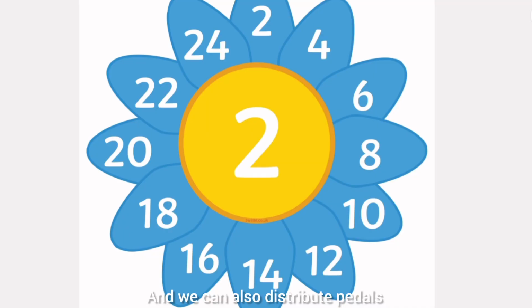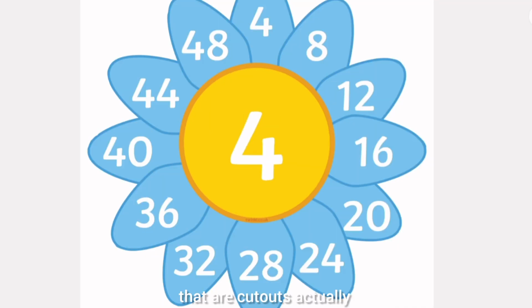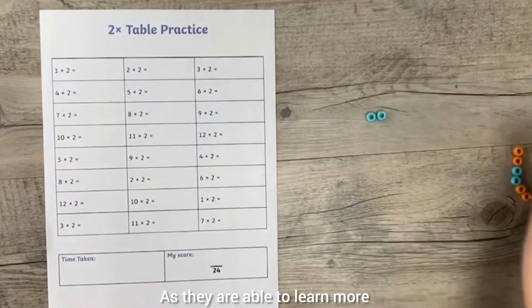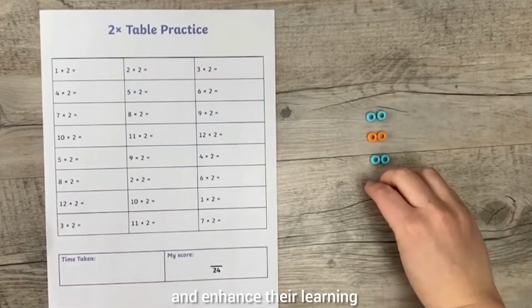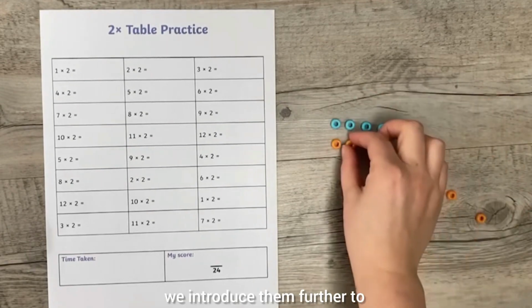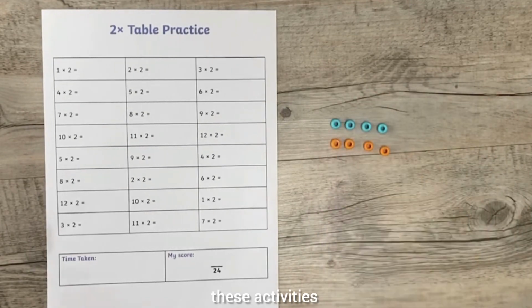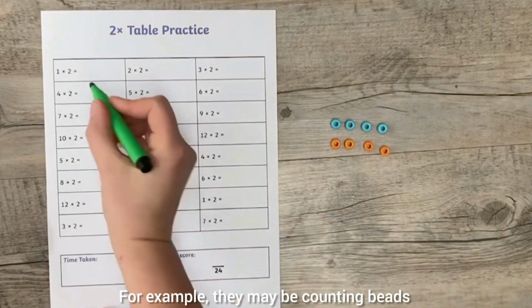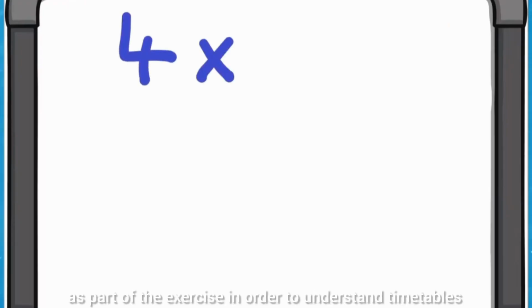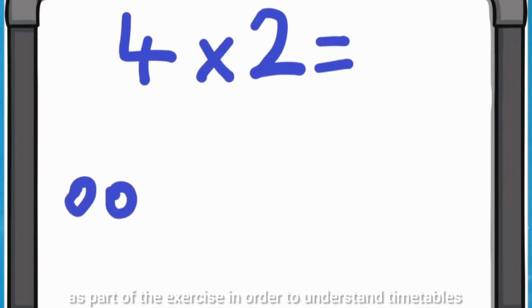We can also distribute petals that are cutouts, and students are exposed to times tables. As they are able to learn more and enhance their learning, we introduce them further to these activities. For example, they may be counting beads or buttons and then writing down the result as part of the exercise in order to understand times tables.